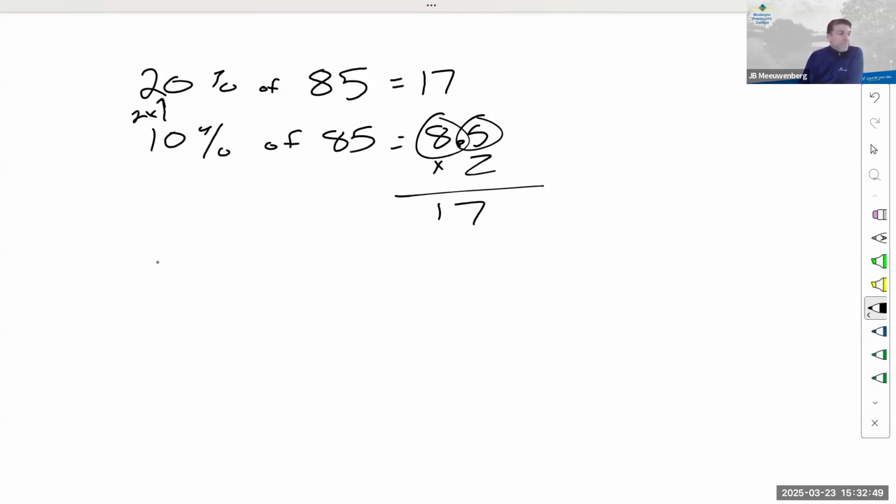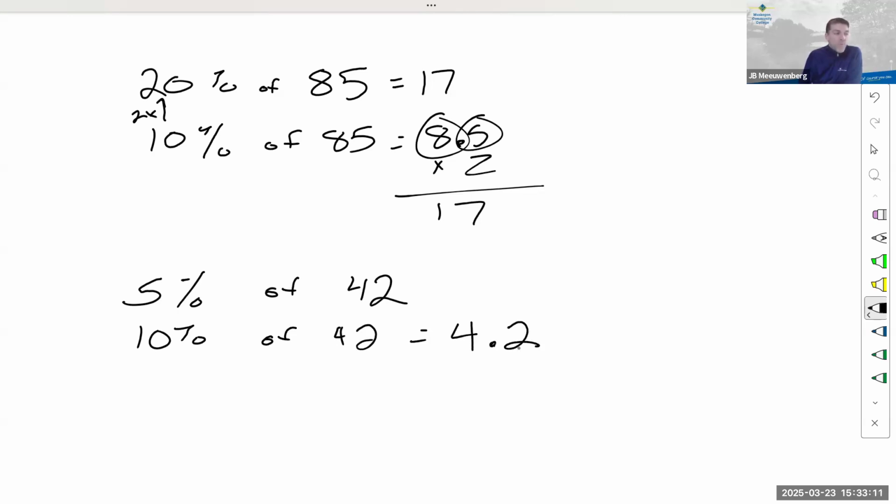Let's try another one. What if we did this a little harder, maybe? We'll see. How about 5% of 42? If we start with the baseline of 10%, 10% of 42, start there, and you know that's going to be 4.2.